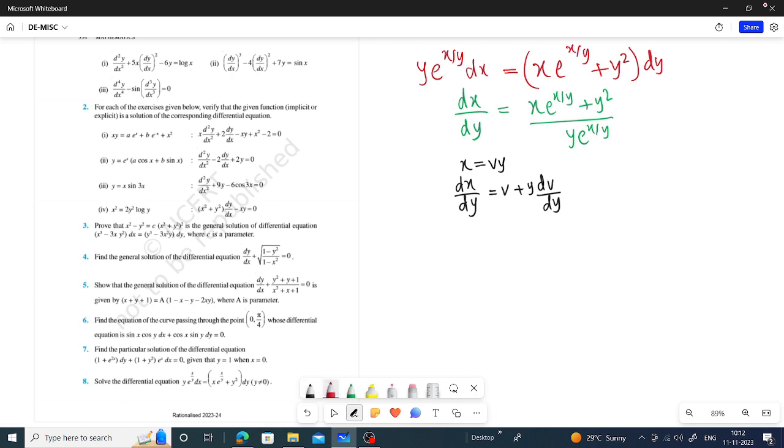Dx by dy, instead of that, v plus y dv by dy equal to x, we substitute vy. E raised to x by y is, x by y is equal to v, e raised to v plus y square by y e raised to v.